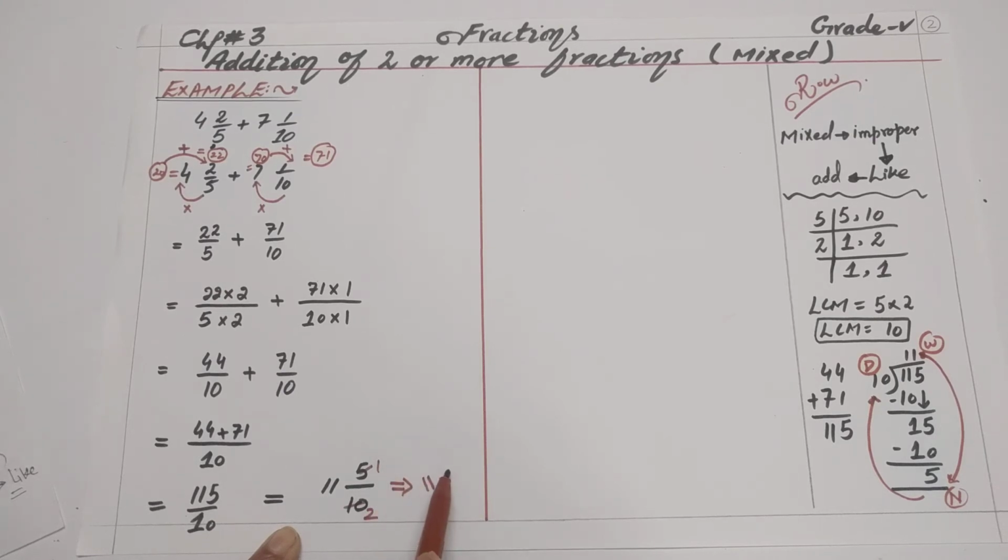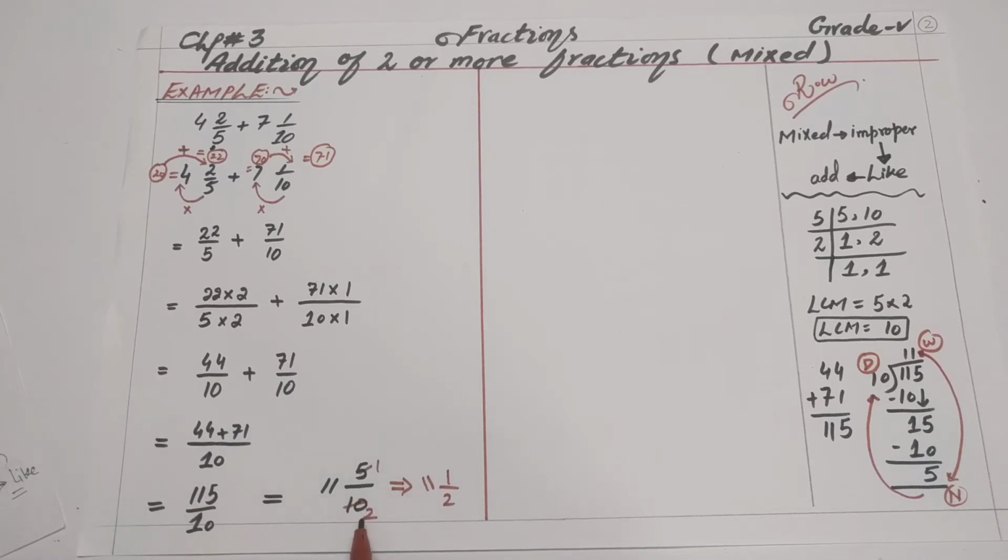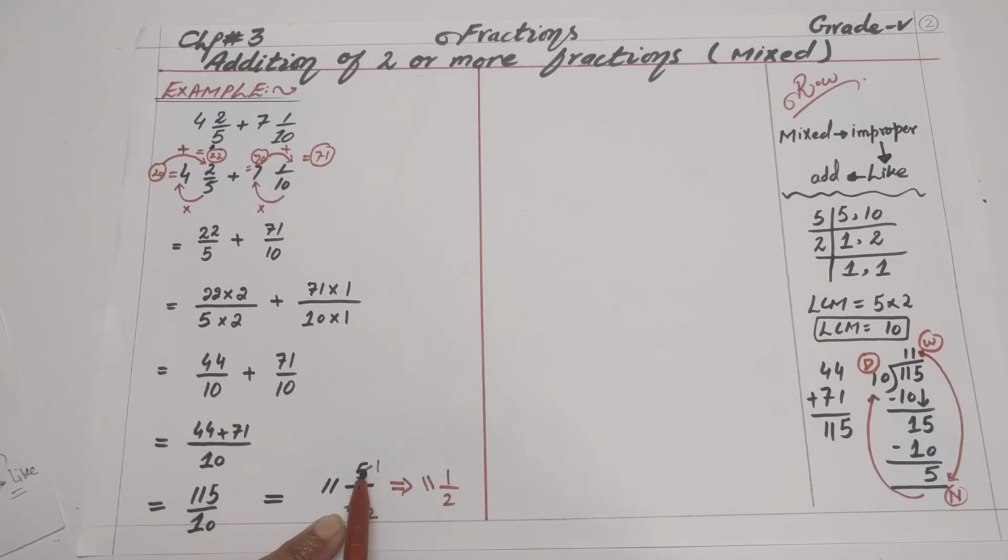So now our answer is 11 1 by 2. As I told you, in the lowest form only 1 should be the common factor. But here in 5 and 10, 5 is also a factor of 10. That's why we have to reduce it into the lowest form. So 5 ones are 5 and 5 twos are 10. So 11 1 by 2 is our required answer.